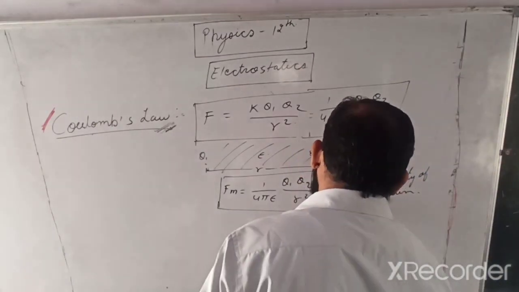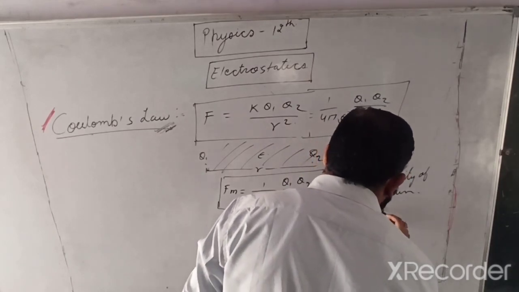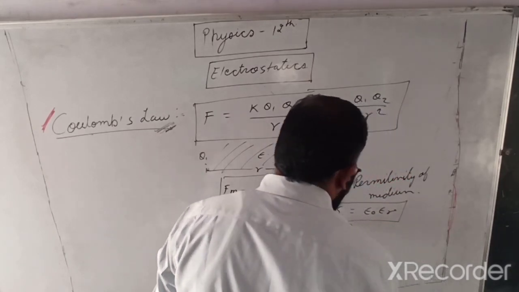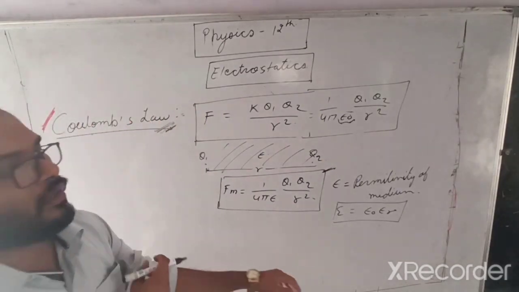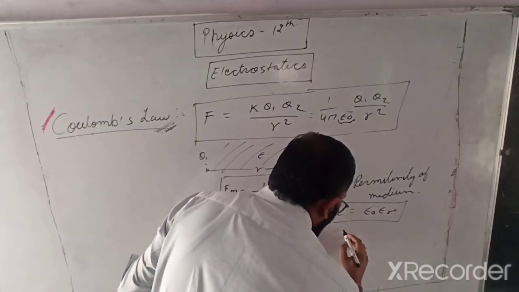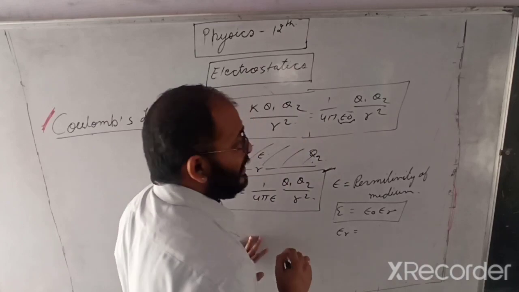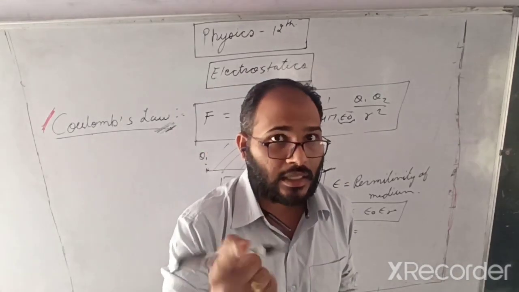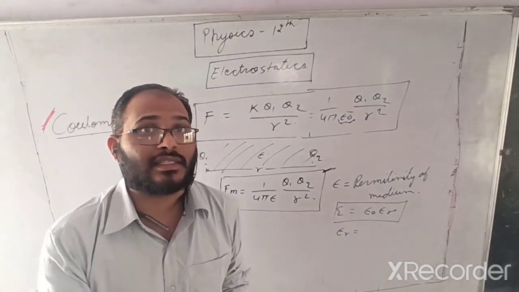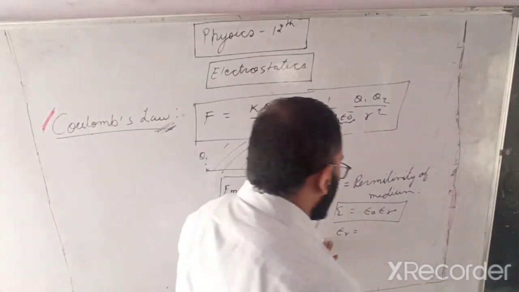ठीक है? And this is defined as epsilon naught into epsilon r, where epsilon r is the relative permittivity, or we can say this is the dielectric constant.